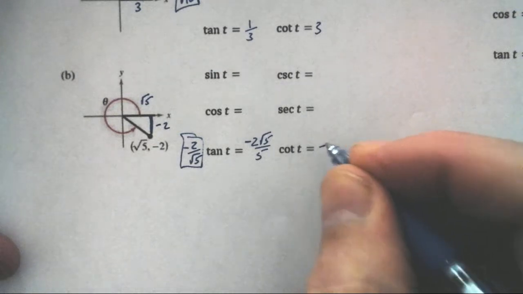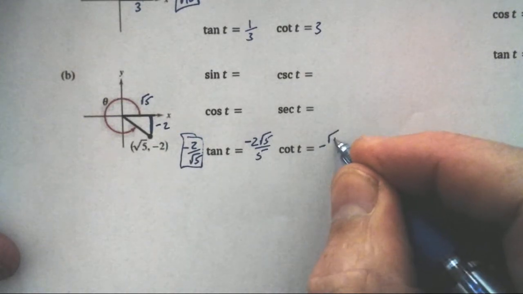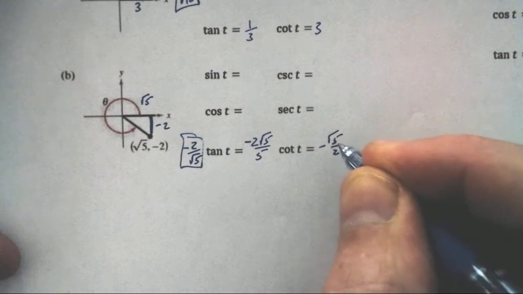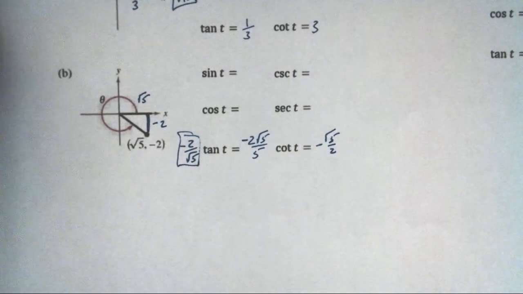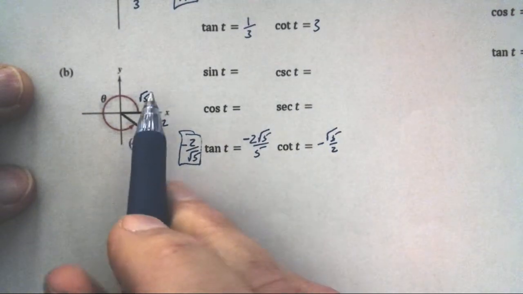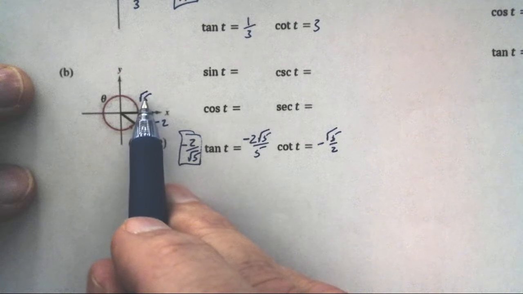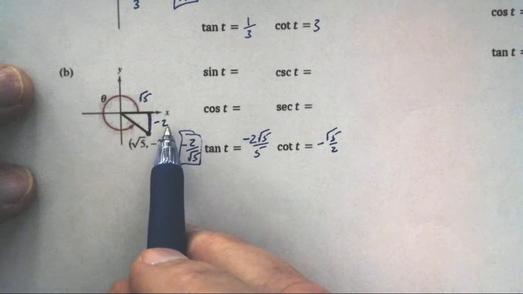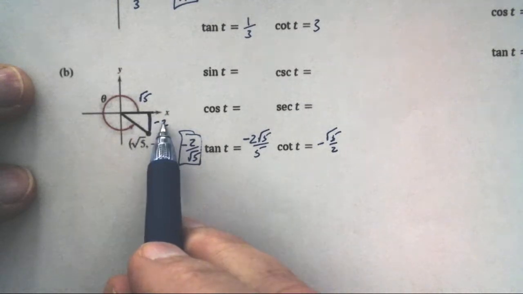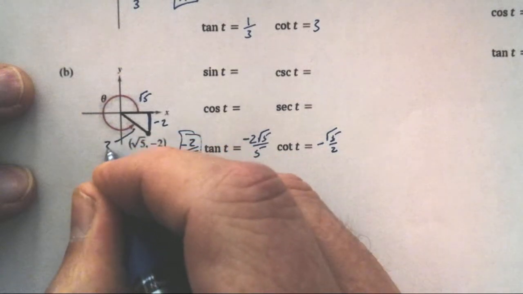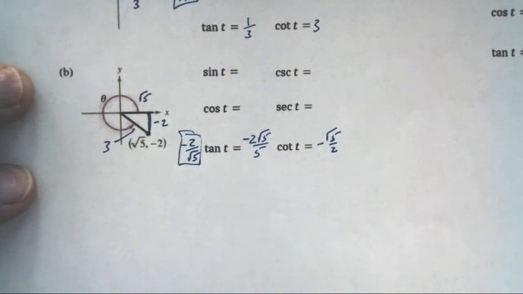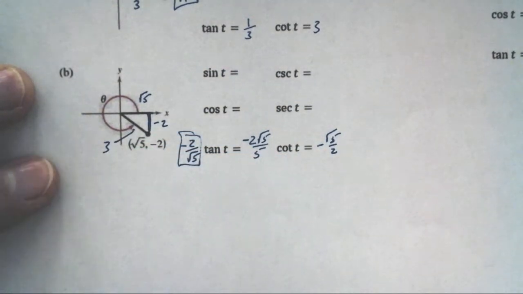Cotangent, the reciprocal, the opposite, negative square root of 5 on 2. And now we need some Pythagorean work. Square root of 5 squared is 5, negative 2 squared is 4, 5 plus 4 is 9, square root of 9, the hypotenuse or the radius, r, equals 3.